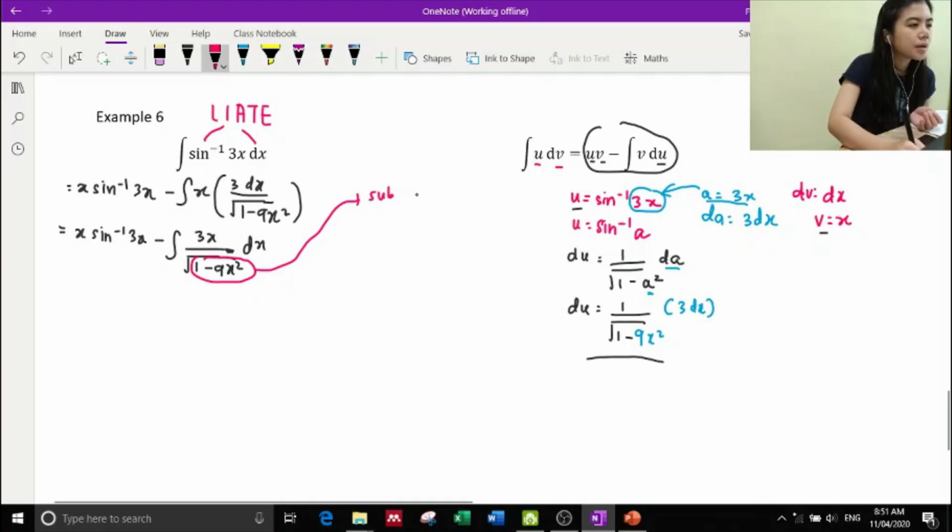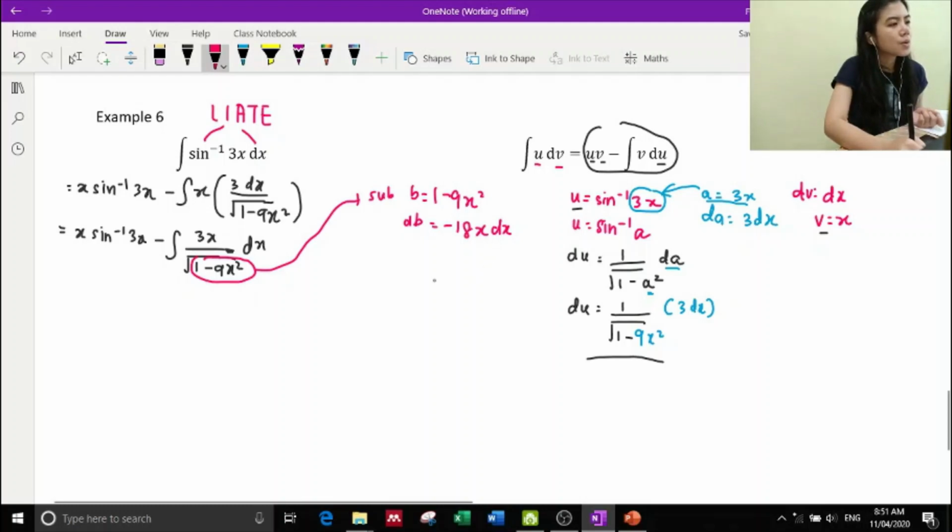We already use u and v, so we have to use a, so use b. So we have b as 1 minus 9x squared. If you differentiate this one, you have db equals minus 18x dx. Now you can do the substitutions as it says that this is your b.